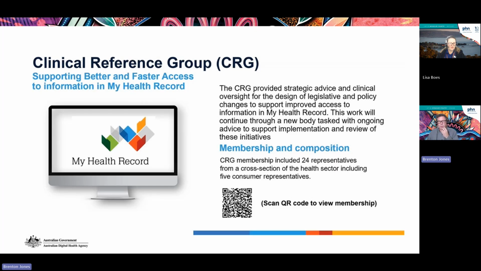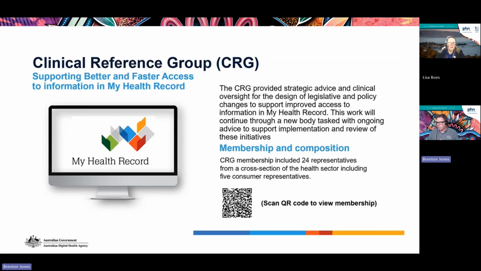And it was established by the agency and the Department of Health, Disability and Ageing to provide strategic advice and clinical oversight to support the safe implementation of these reforms and future iterations. So it has 24 members, and you can actually scan that QR code if you like to get more of a detailed look at who are those members from relevant peak bodies and professional associations and consumer groups and the like.